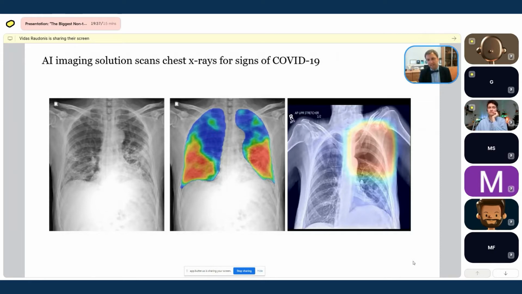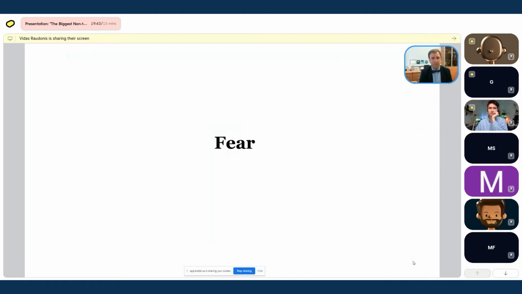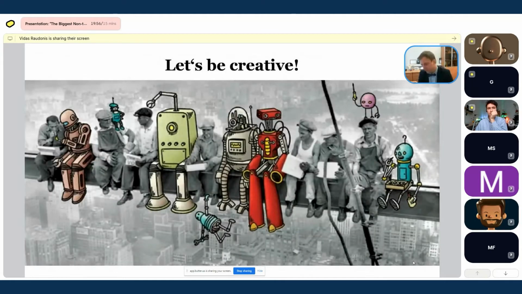The automatic way is one way to do it faster and in a more robust way. I guess the biggest non-technological issue is the fear of humans to let in a technology, not only robotics, any type of technology. Therefore, I'm proposing for you not to be afraid, but to be creative with the technology.